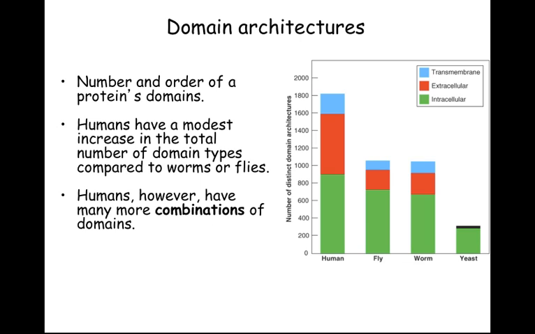So we have this modular construction in the genome, and if you look at all the different ways that those domains are plugged together to make different types of proteins with different combinations of domains, this is the one area where humans do seem to distinguish themselves from other species. So the number of different unique domain combinations is higher in humans than most other species. So this may have something to do with why humans are a bit more complex than other organisms.